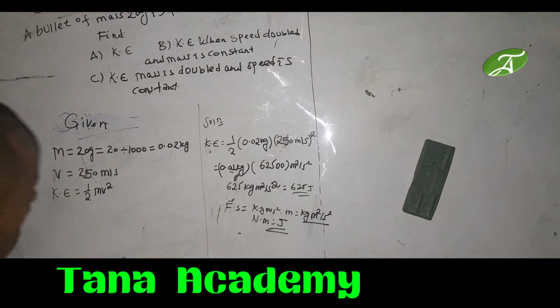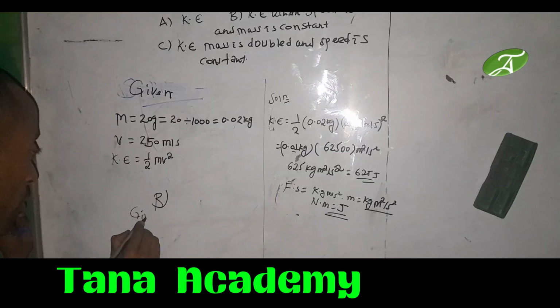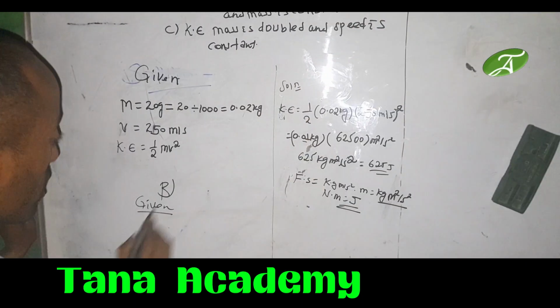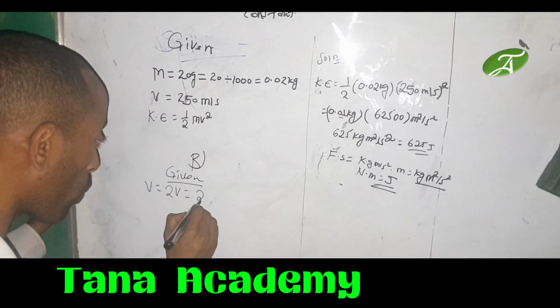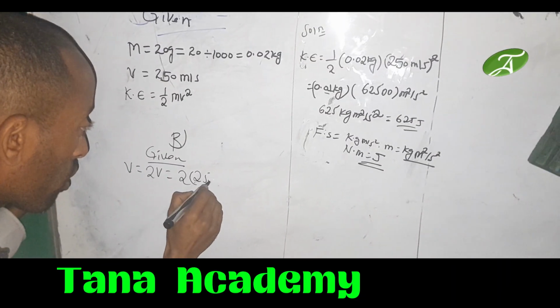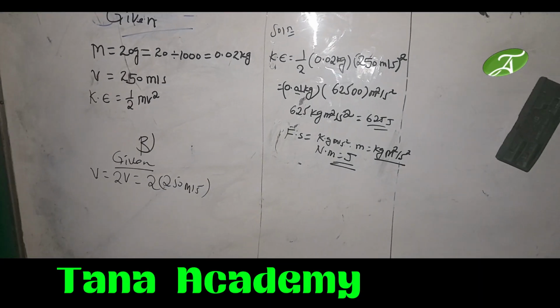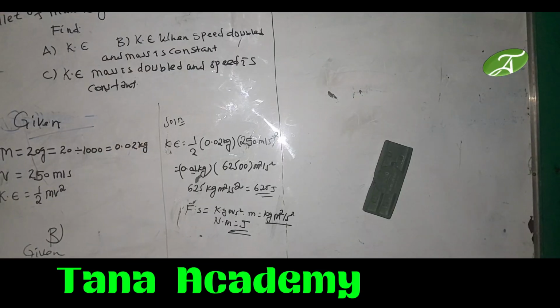And B, again given: when speed is doubled, that is V is equal to twice of 250 meter per second. Since it was 250 before, right? When 250 is doubled, what does it become? It becomes 500.